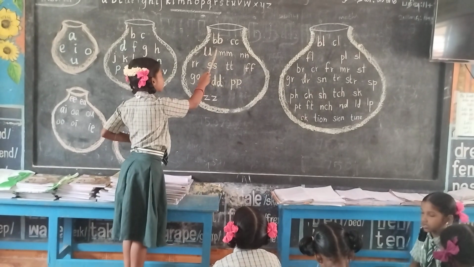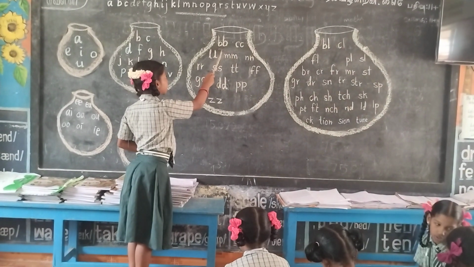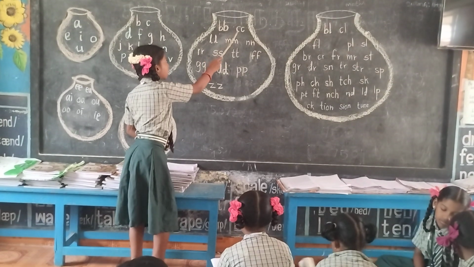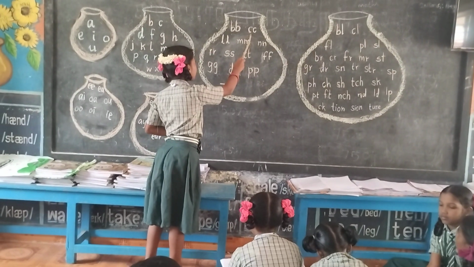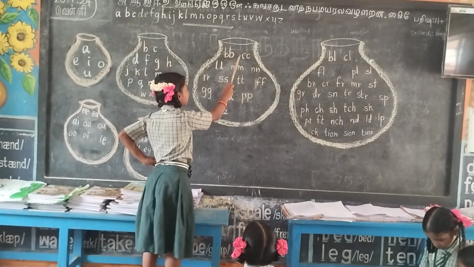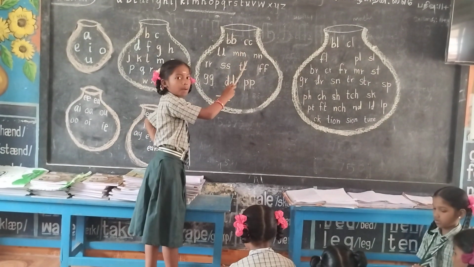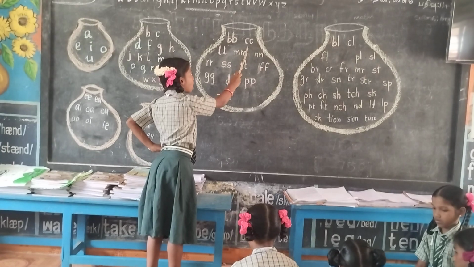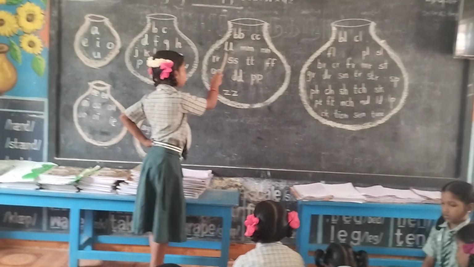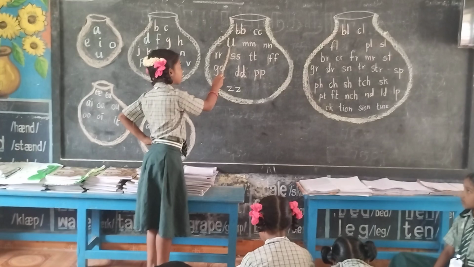Double B has a single sound. For example, bubbles, rabbit. The letter double C has a single sound. For example, account, acknowledge. The letter double L has a single sound.